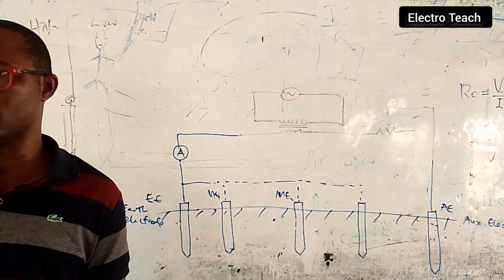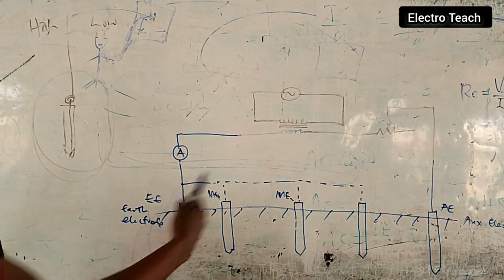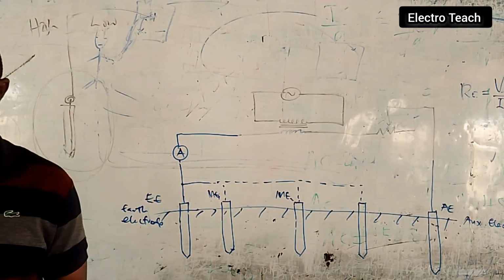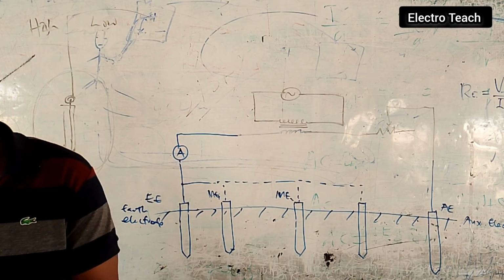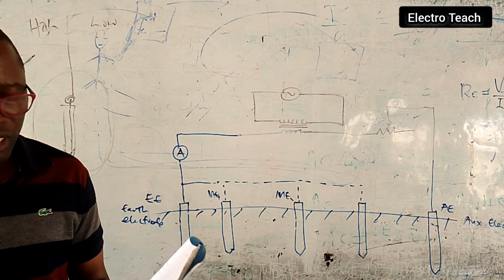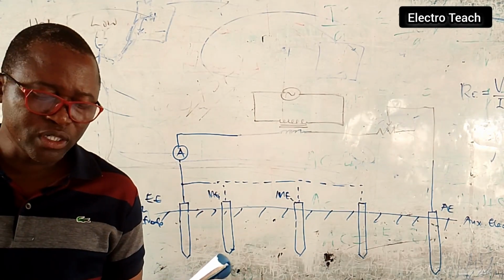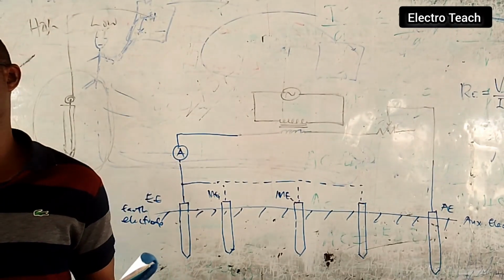Very simple and straightforward. And now, after carrying it out in several positions, you take the average of the values obtained. And the average is what we are looking for. It must be between 0.01 to 2000 ohms.